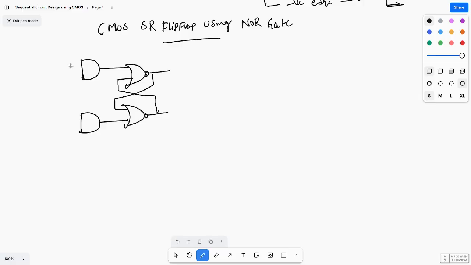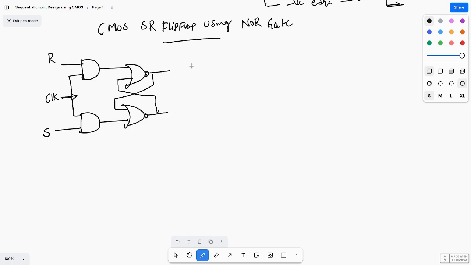This one is R and this one is S, and both are connected with clock. Clocks are of two types: if you give it directly it is positive trigger, and through a bubble it is negative edge trigger.